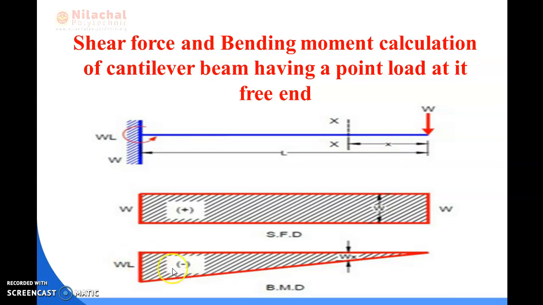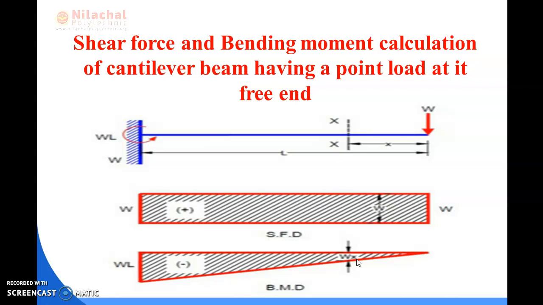Because it is negative in sign, while we draw the bending moment diagram, first of all, we have to draw a reference line. As you can see, the upper line of this diagram is the reference line, this one. Due to the negative sign, we have to draw the bending moment diagram towards the downside of the reference line.